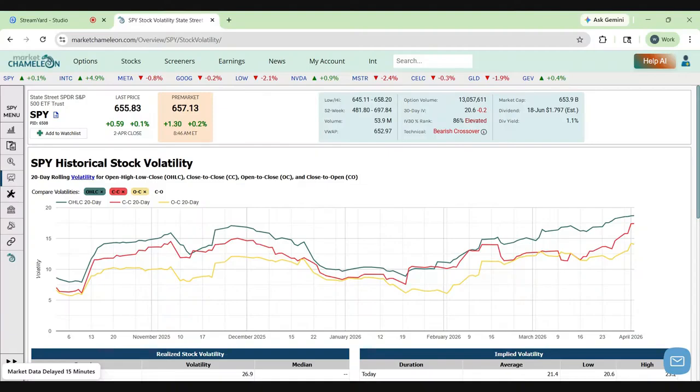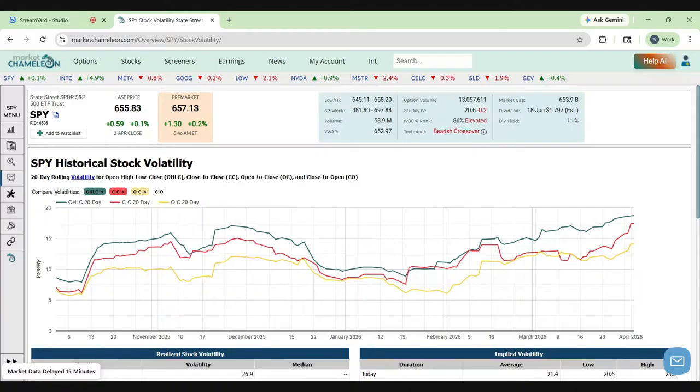So the idea there is if we see a lot of volatility, but the close to open, if it closes at one price and opens at the same price the next day, there's no volatility, and then the volatility takes off, this line would be well below. But if a lot of the volatility is coming from those gaps, right?